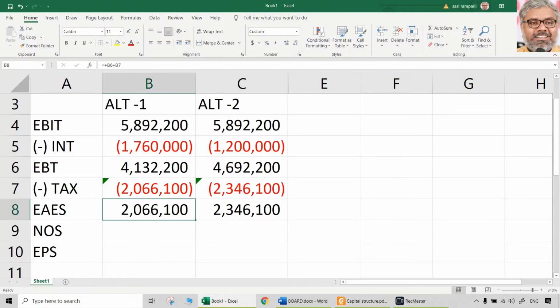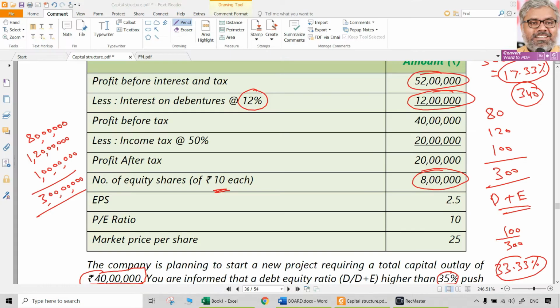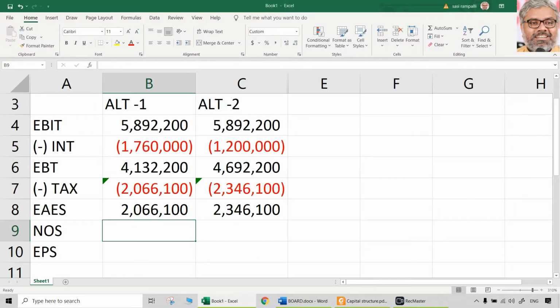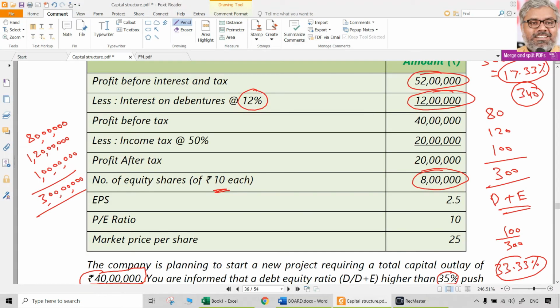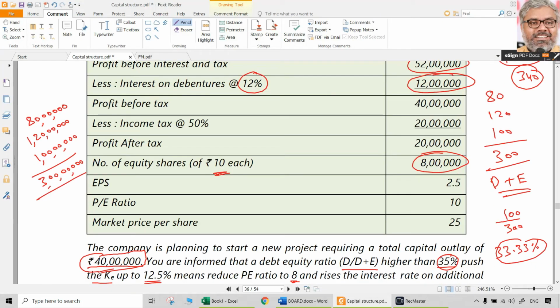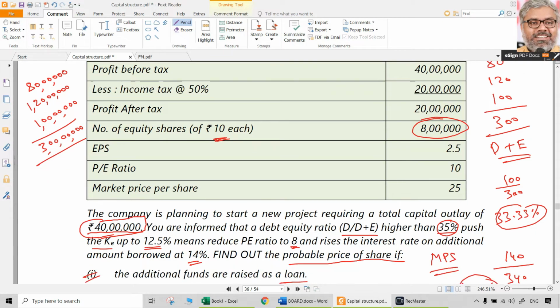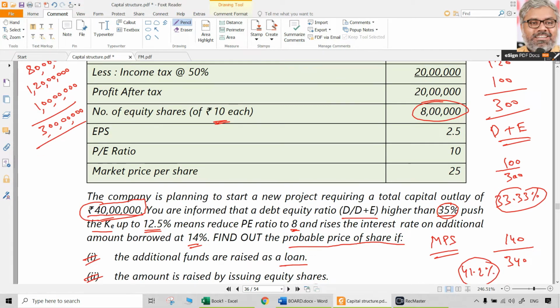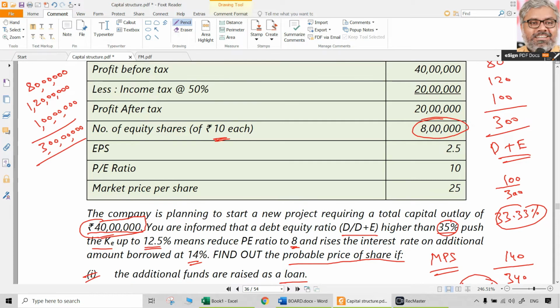Then comes naturally the number of equity shares. In alternate 1, the number of equity shares will continue to be 8 lakhs because no new shares are issued, everything freshly raised as debt only, new loan only. But in alternate 2, equity shares have to be issued, 40 lakhs rupees freshly to be taken.